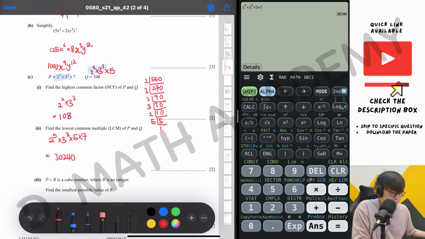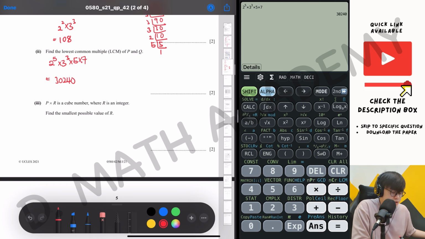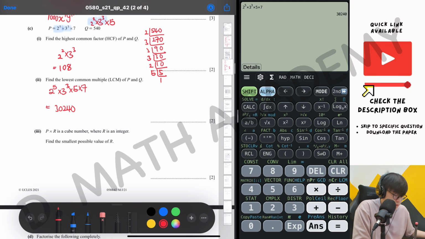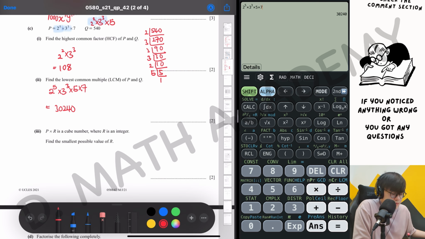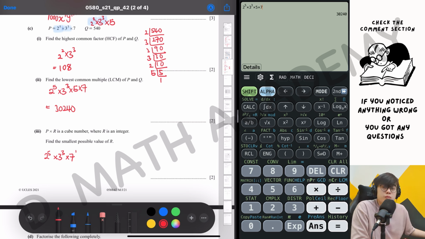As for the next one, PR is a cube where R is an integer. Find the smallest possible R here. So for P itself, we have 2 to the power of 5, 3 to the power of 3, and 7 to the power of 1. To make it into a cube number, all the powers must be a multiple of 3.